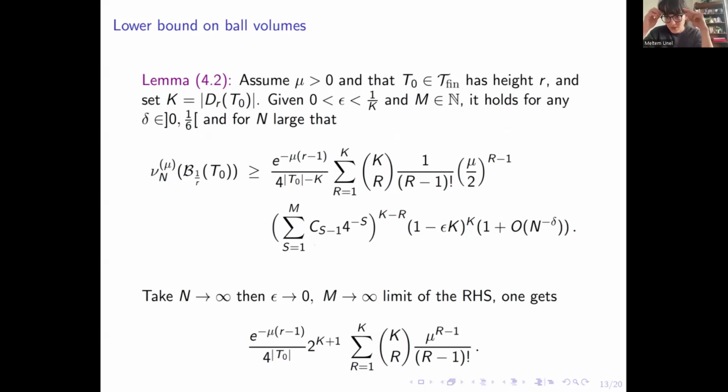Remember that I said in this grafting map that any tree that is in the ball of radius 1/r of this tree of height r, T0, can be obtained by grafting trees on the vertices at maximal height of this tree.